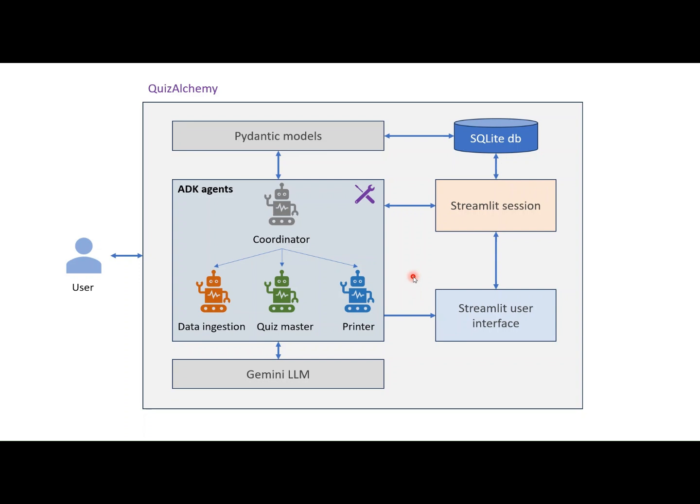For that purpose, we do this via the Streamlit session, where the agents update the session state appropriately with relevant information, and then the Streamlit application fetches the data from the session and displays it as appropriate on the user interface.